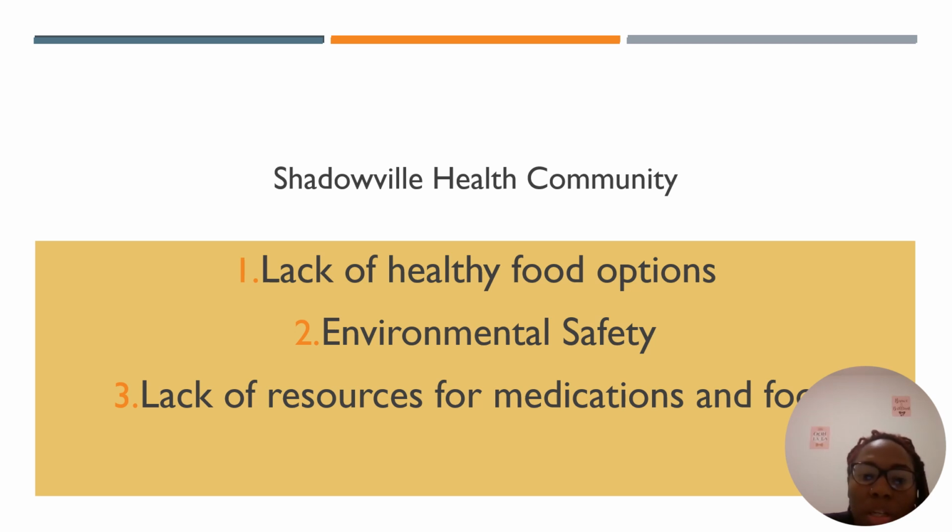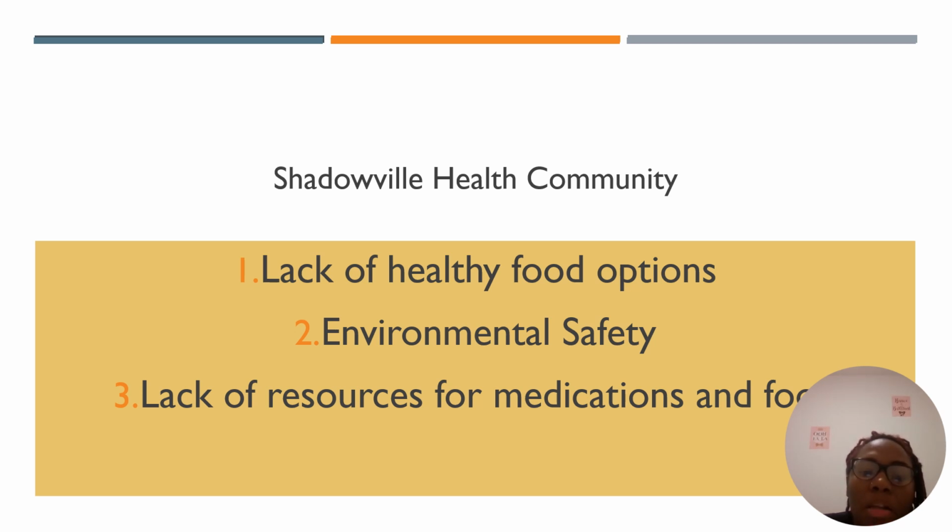The third one was lack of resources for medications and food. The community had a large grocery store. It was the only one within that community, and it also had a pharmacist inside of it.